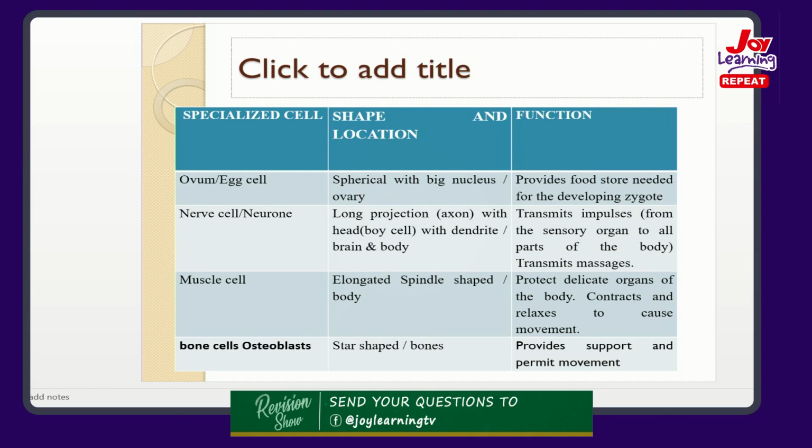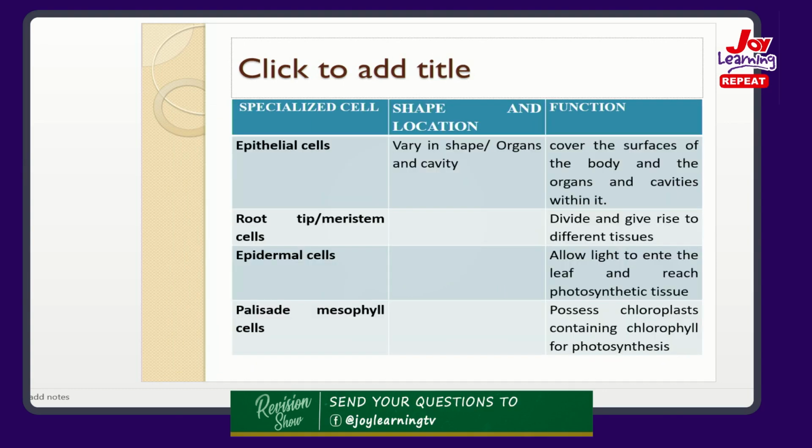So there are a lot on your screen. In plants, you have root tip or meristematic cells, which divide to give new ones. We have the epidermal cell on the outside of the plant, and you have the palisade mesophyll cells.